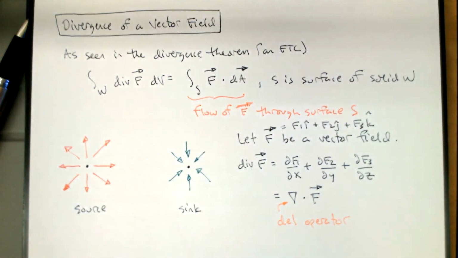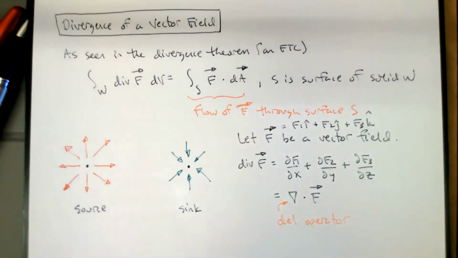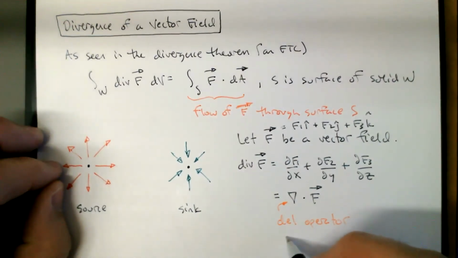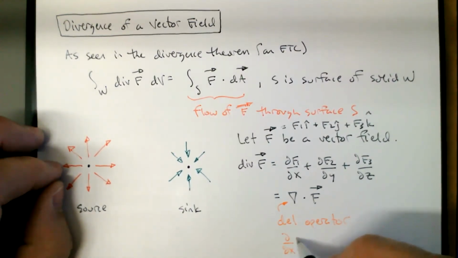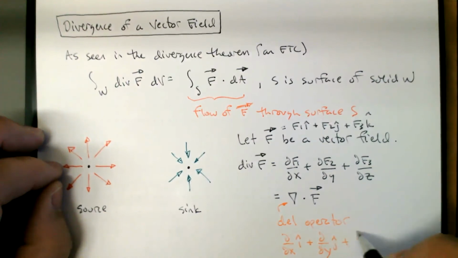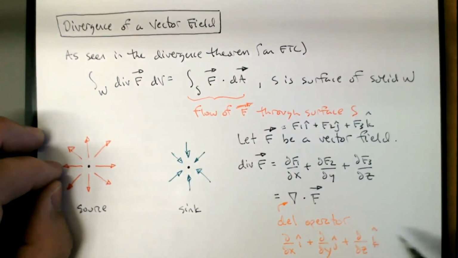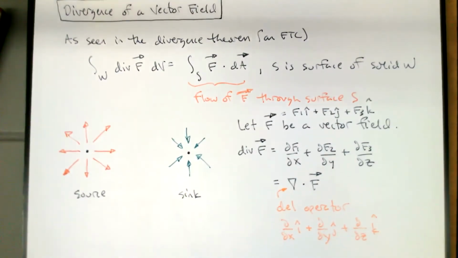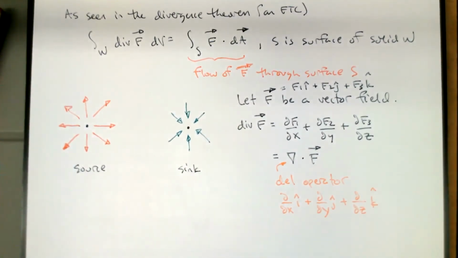The del operator is just the partial with respect to x i, plus the partial with respect to y j, plus the partial with respect to z k. So the del operator is a vector, but instead of multiplying, we perform this operation.